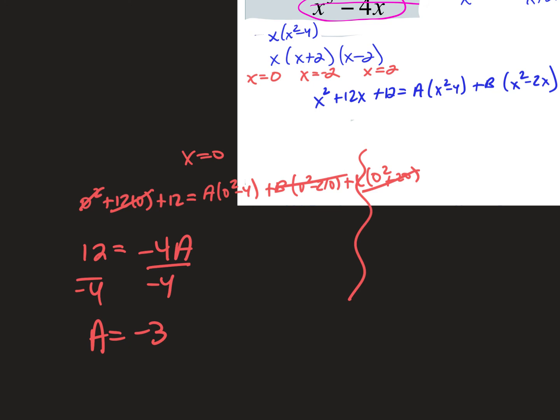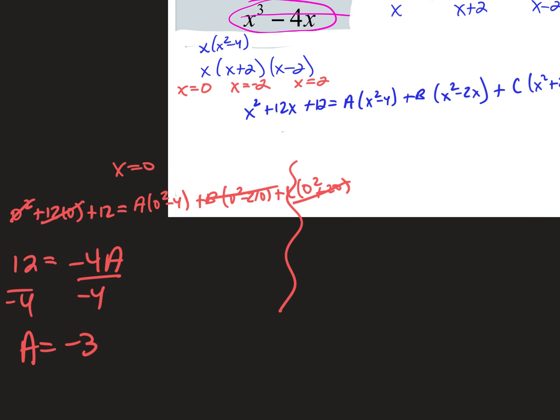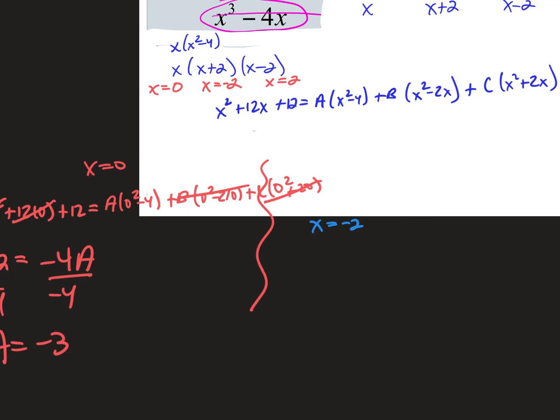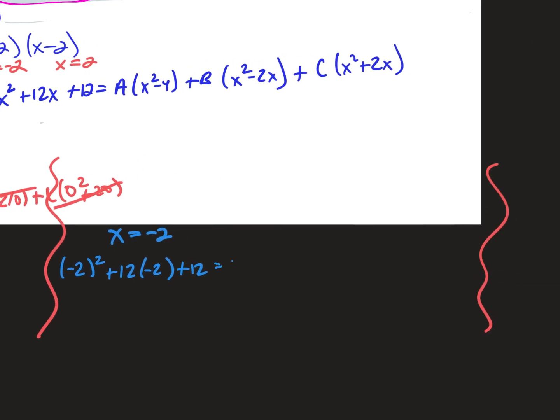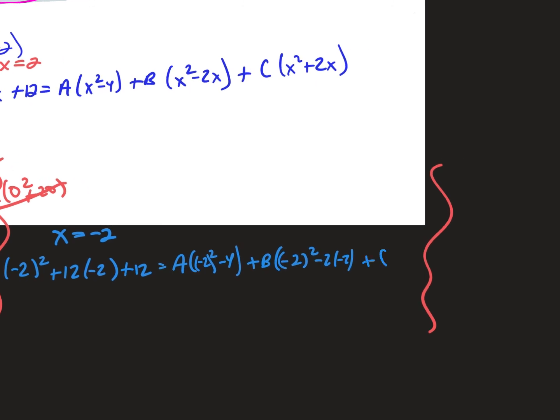So now I'm going to evaluate this, but I'm going to use x equals negative 2. So it's negative 2 squared plus 12 times negative 2 plus 12, right? Equals a times negative 2 squared minus 4, plus b times negative 2 squared minus 2 times negative 2, plus c times negative 2 squared plus 2 times negative 2.